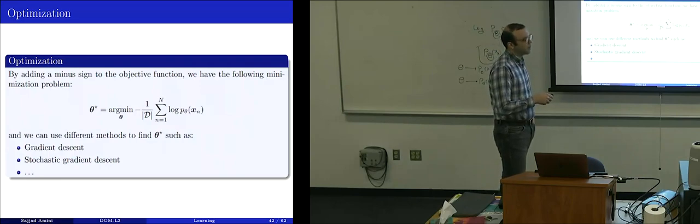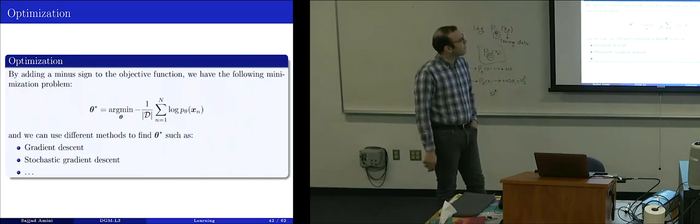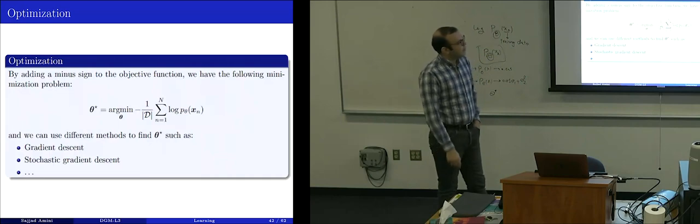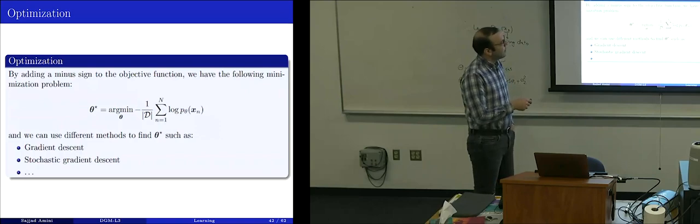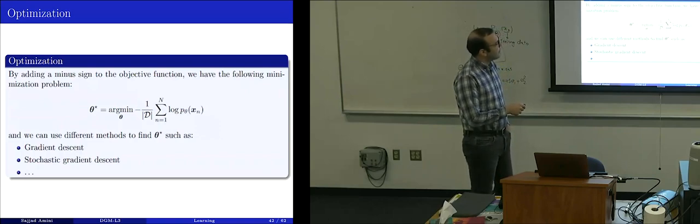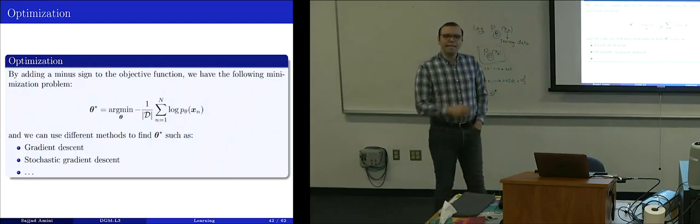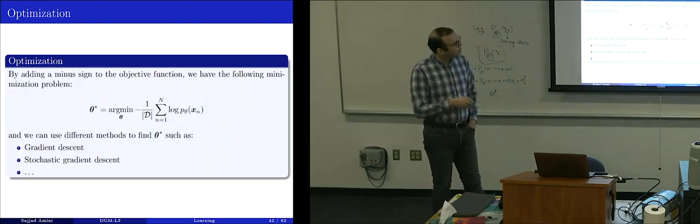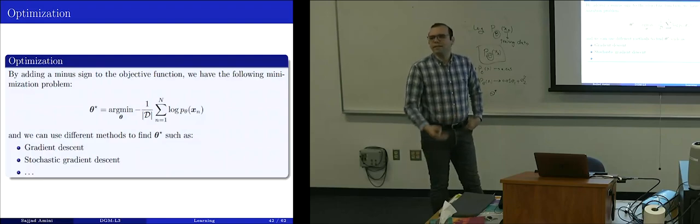You want to minimize the minus log likelihood, or equivalently maximize the log likelihood. So I have this minimization problem, so I can easily use any method, for example, Adam, stochastic gradient descent, momentum methods, Nesterov, and any other methods you see in PyTorch to update the parameters such that this term is minimized. And this is the learning.